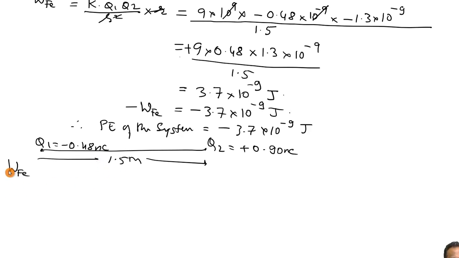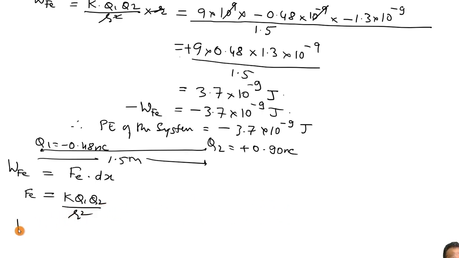So work done due to electrostatic force, we'll calculate this as Fe dot dx. Now what will be Fe? Electrostatic force will be equal to K times Q1 Q2 upon R square, isn't it?